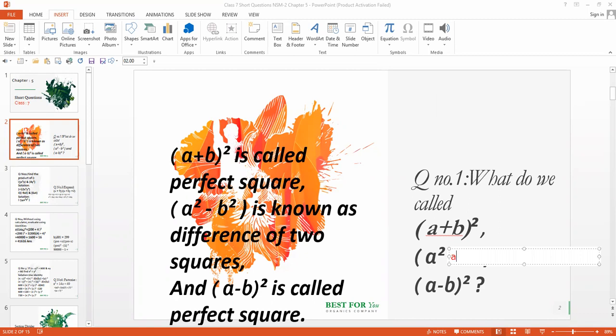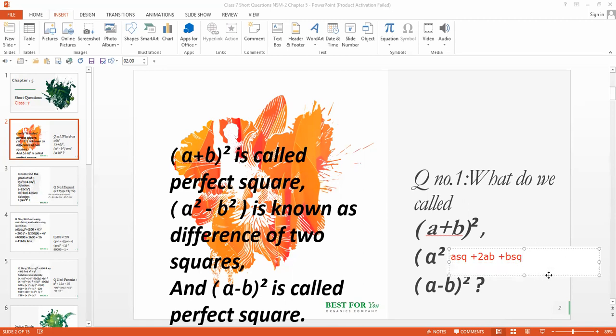Here I have to write a square, then plus 2ab, and then plus b square. Okay, I use SQ for square.